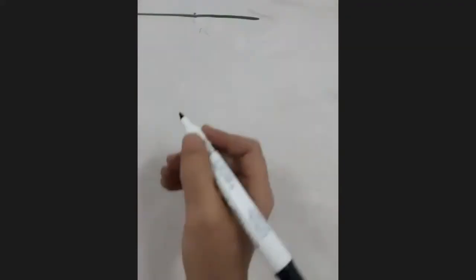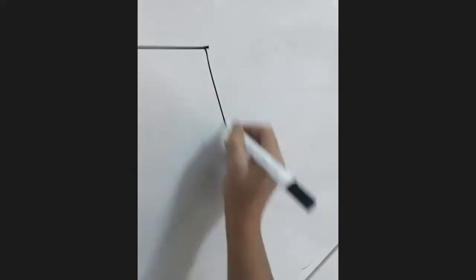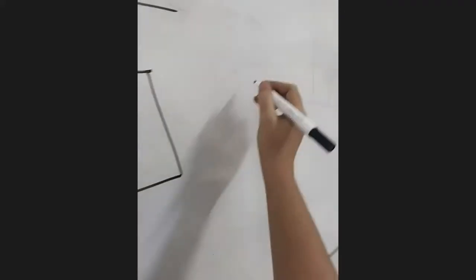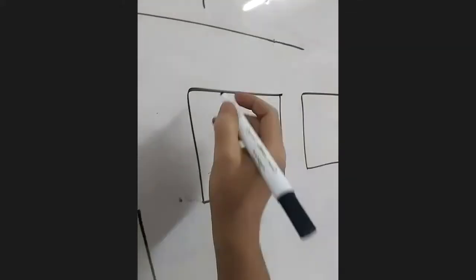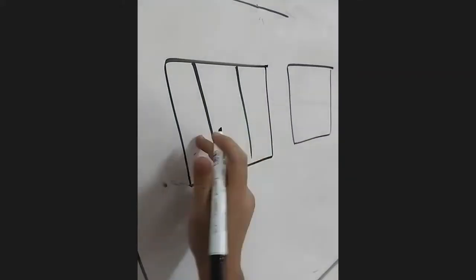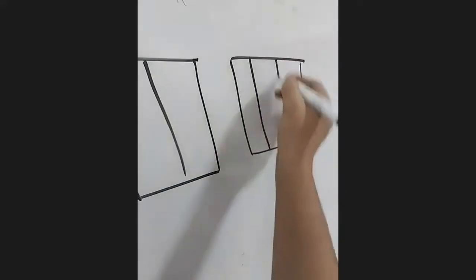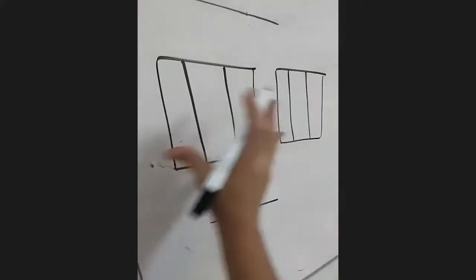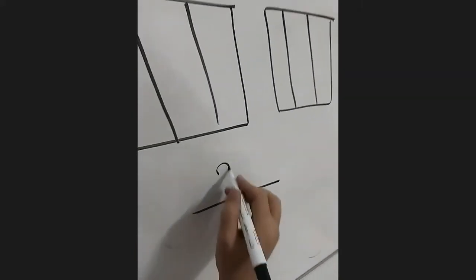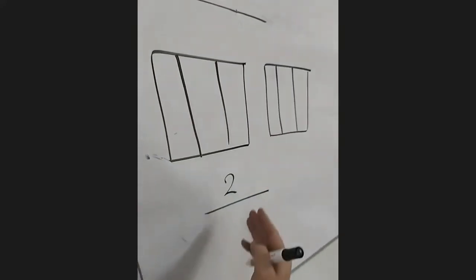Now we have 2 big groups, guys, like this one. Each of them, they will divide it into 3 parts. So what's the fraction of this? We have 2 big, and each one of them will divide it into 3.